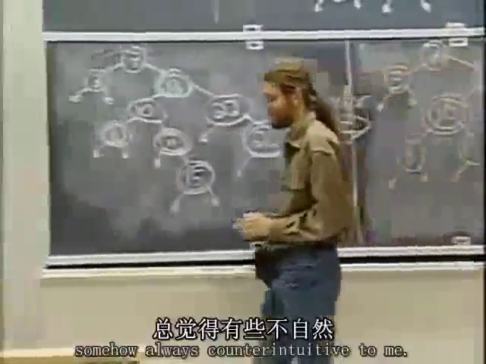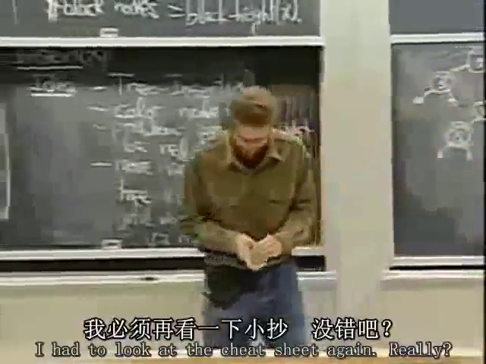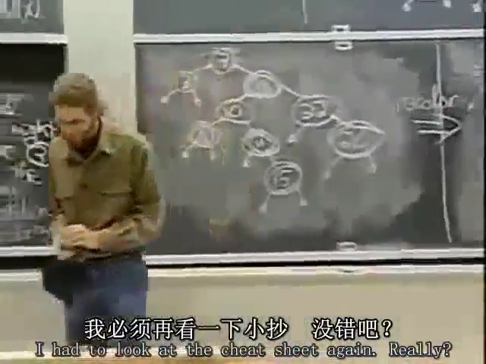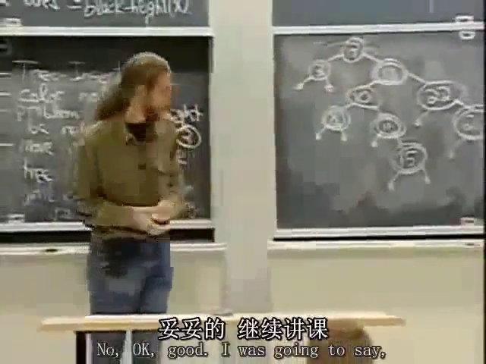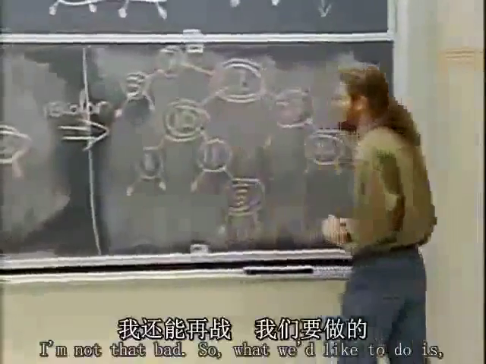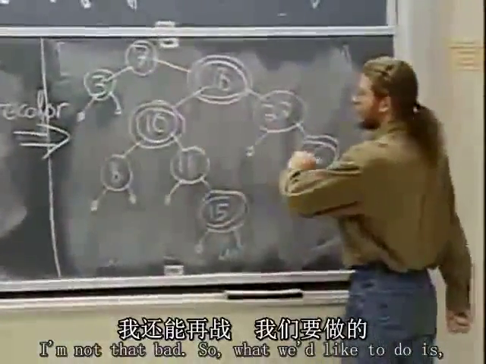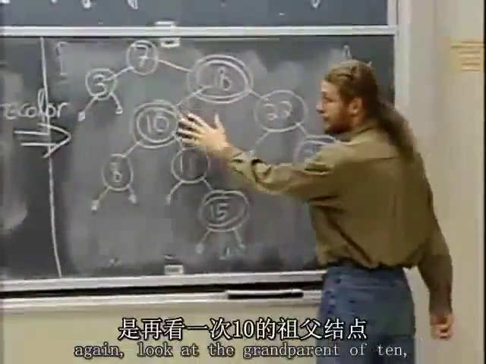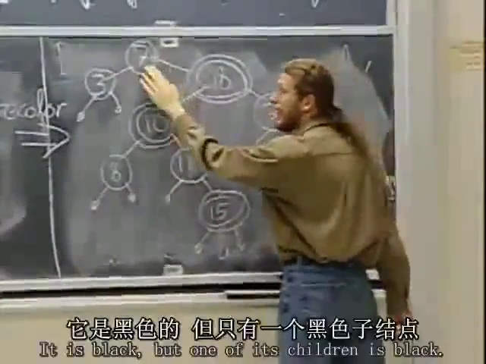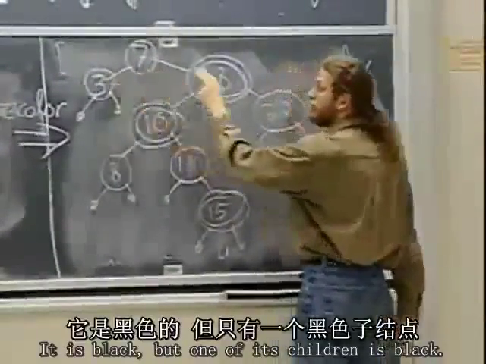Somehow always counterintuitive to me. I have to look at the cheat sheet again. All right. Really? Oh, no, okay, good. I was going to say, we can't recolor anymore. Good. Not that bad. So what we'd like to do is, again, look at the grandparent of 10, which is now 7, the root of the tree. It is black, but one of its children is black, the other is red.